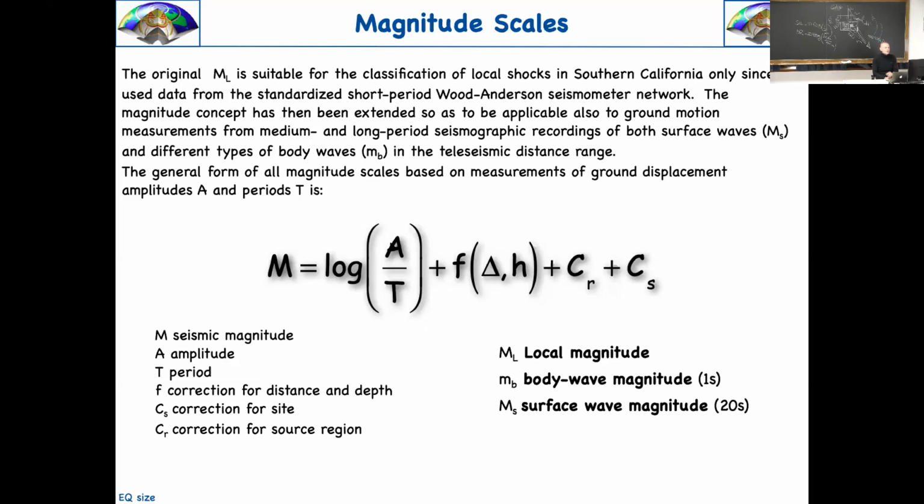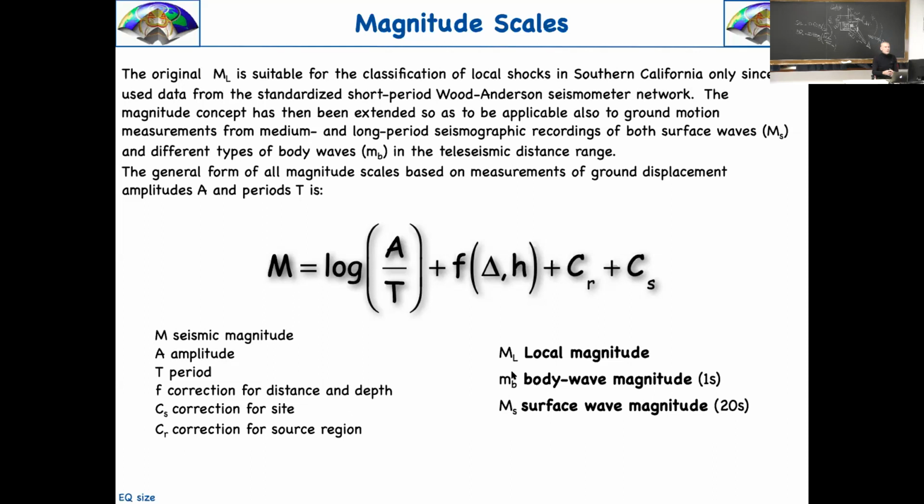So T is equal to 20 for surface waves. If you take that amplitude, you get MS. If you take the amplitude of body waves and you look at the signals around 1 second, let's call that MB. So now we have a complete set of instrumental magnitudes. Well, it's not complete, there are other ones, but let's forget about them for today and for this course.